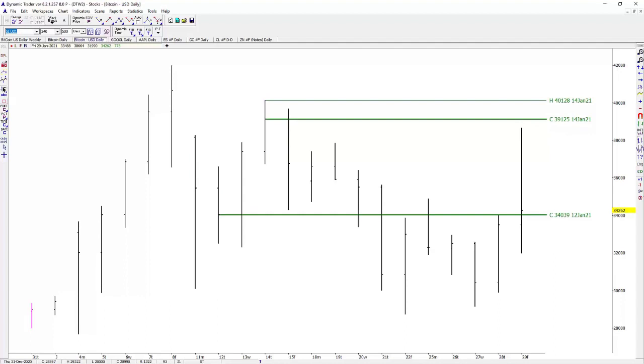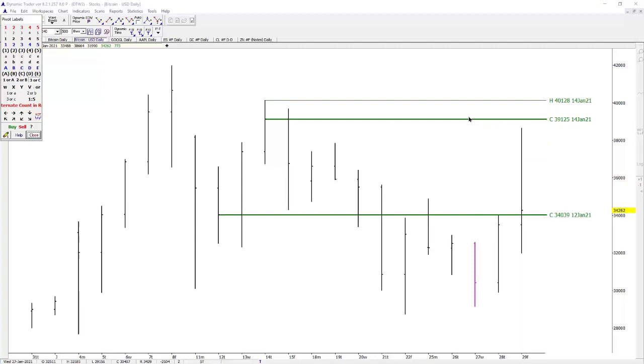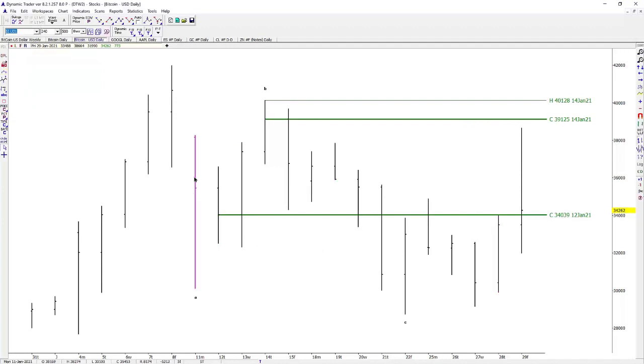It hasn't confirmed that it is an ABC, and it won't confirm that until it either closes above 39,125 or trades above 40,128. But because it's in a position to have made an ABC, it's in a position to develop a specific trade strategy. So do you see how really useful this is?